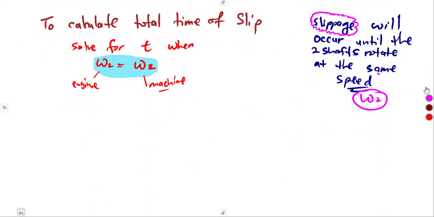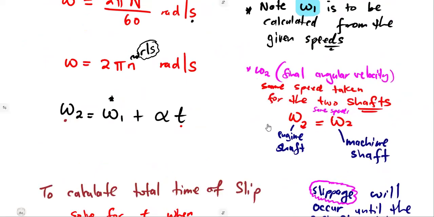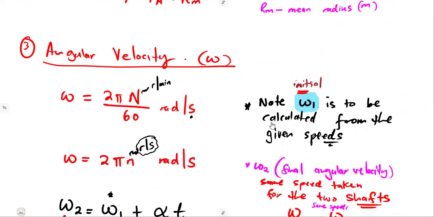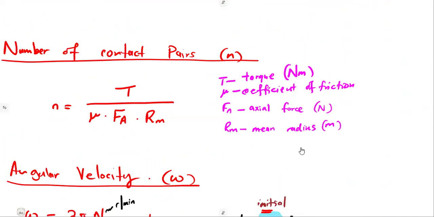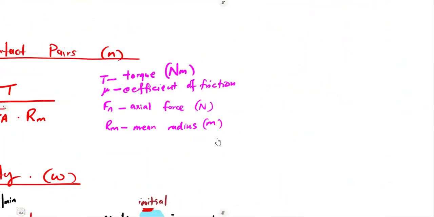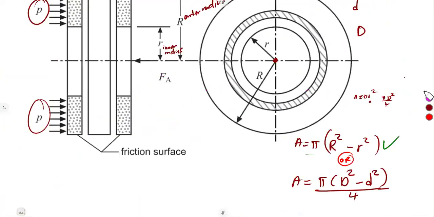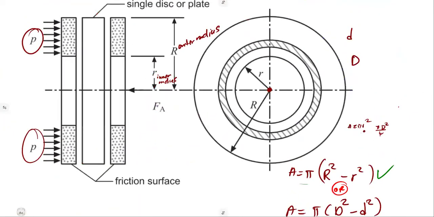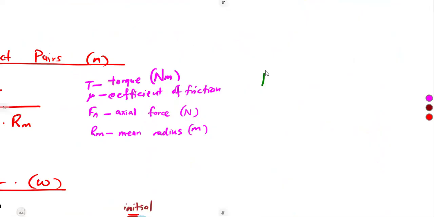We talked about the mean radius here. Yes, we talked of the mean radius somewhere here. So that mean radius can be calculated from these two radii, the outer and the inner. They can give us the mean radius. So Rm, which is the mean radius, can be calculated.